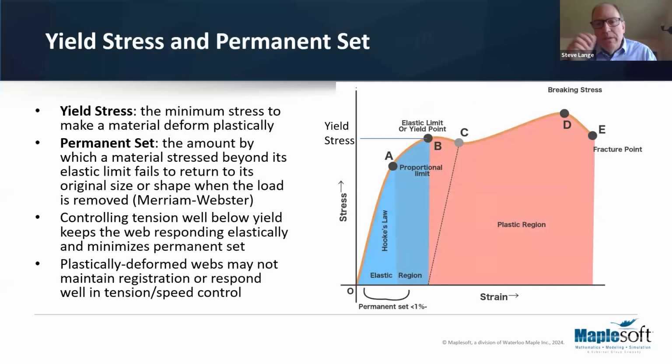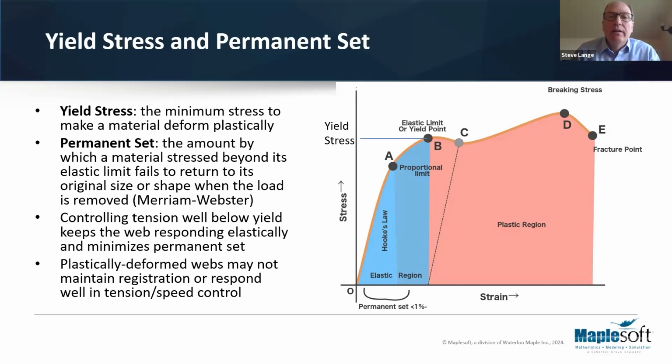So a review from material science is just this concept of yield stress. When you do these stress strain curves and you look at the plot, there's typically a linear elastic region up there to point A in this plot. And if you keep pulling the web with higher and higher stresses, you will see a change in the material where the modulus, the slope of that curve, starts to flatten out.